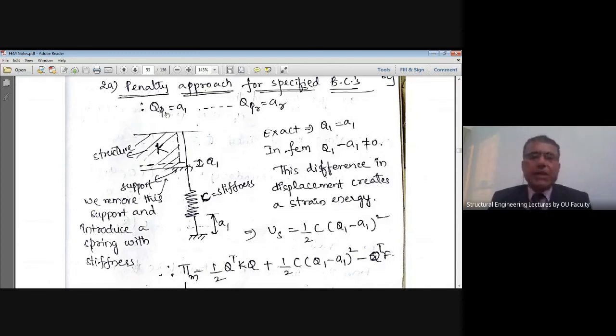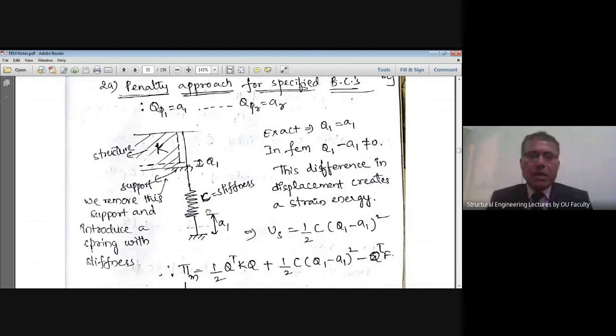Let us say the first boundary is specified as QP1 equal to A1. Students, at that point I'll introduce a spring of huge stiffness. The C value is very, very huge compared to the stiffness of the structure. Therefore, this huge stiffness is like penalizing the structure, hence it is called the penalty approach.